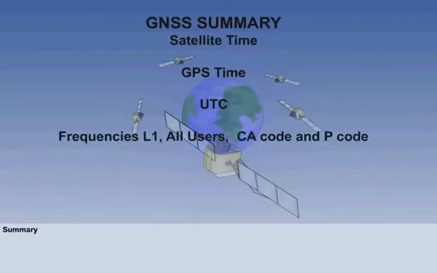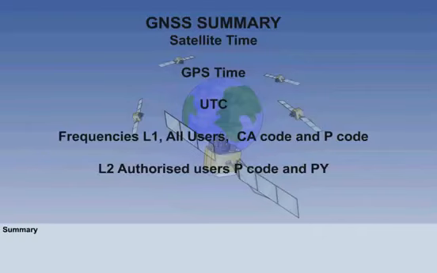All of the systems have at least two frequencies. In the case of GPS, these are L1 and L2. L1 is available to all users, and carries the CA codes and the P codes. L2 is available to authorized users only, which, broadly, means military forces.